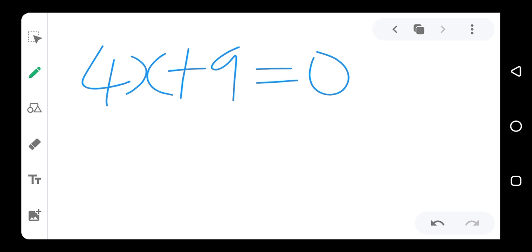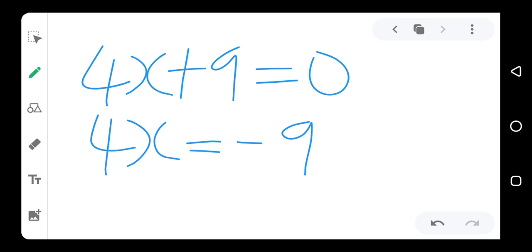The value of x from this equation is going to be 4x is equal to -9. 9 has positive here. It is coming to this side. It becomes negative.